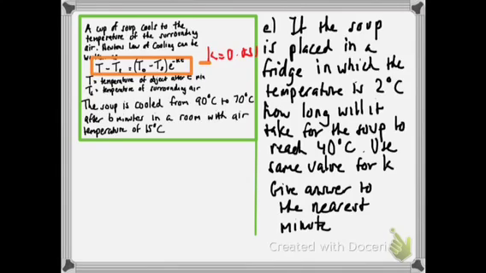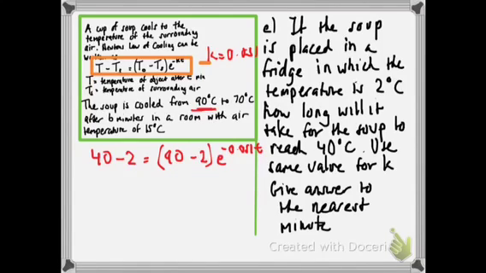So T is 40, minus temperature of surrounding air, this time it's 2, equals, in brackets, the original temperature, still the same, is 90 degrees, because remember that was the temperature at the start, minus surrounding air temperature 2, e to the power of negative 0.051t.